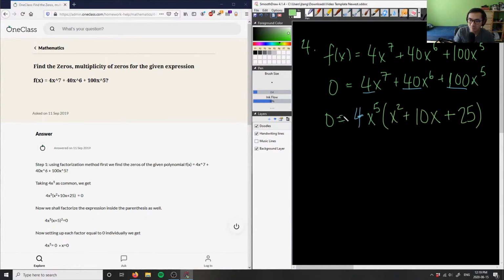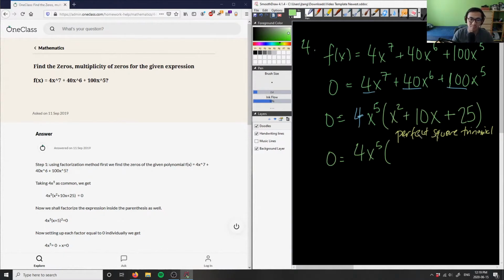So now we have an easier expression. We have 0 equals 4x to the 5, and then we have this trinomial here. And this trinomial is actually really good. It's an example of a perfect square trinomial, because I have a 25 value here, which is the square of 5, and 5 times 2 is equal to 10.